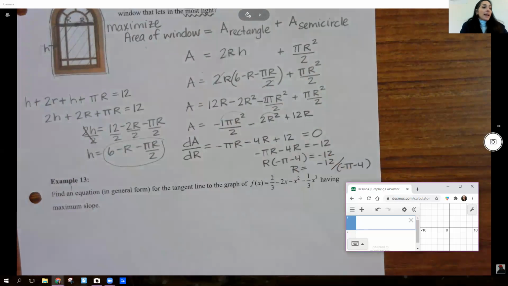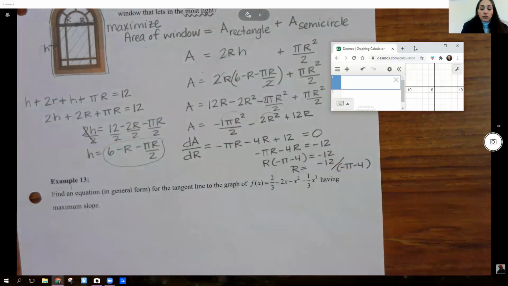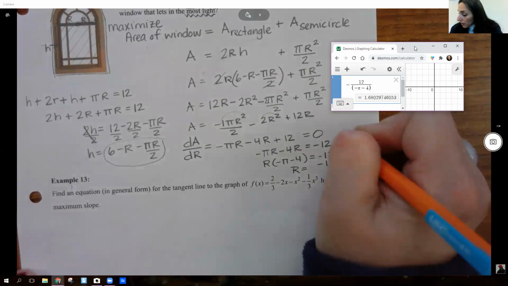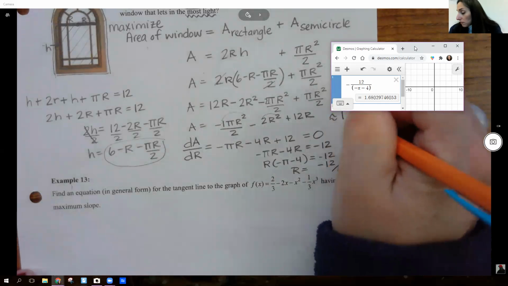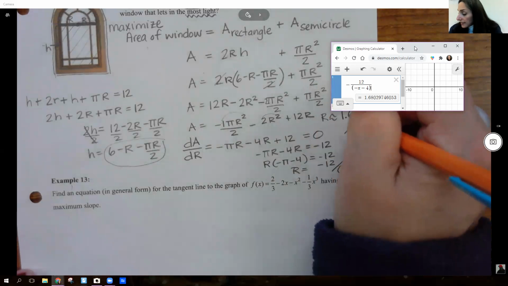Okay. And then I'm going to use my calculator to get an approximation for that. Remember, we only need to find the width for this problem. So negative 12 divided by negative pi minus 4. Looks like I get roughly 1.680.